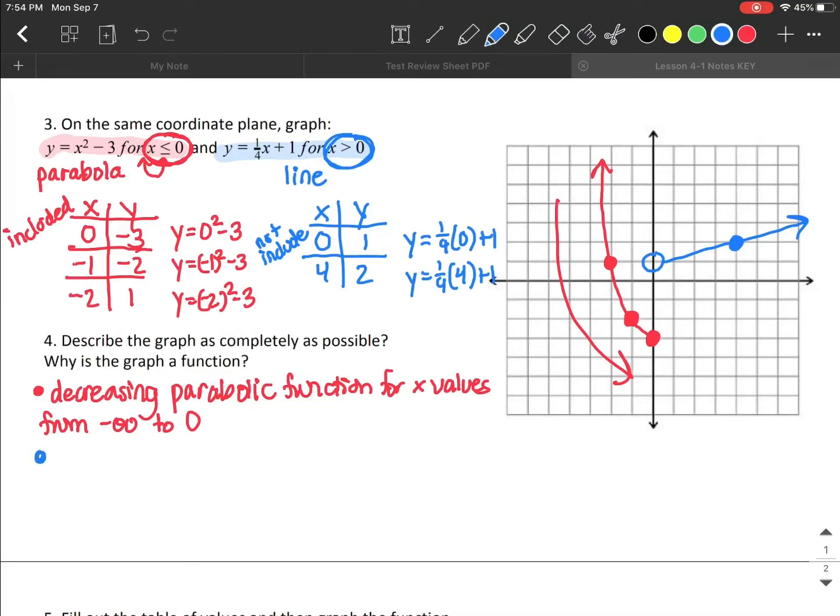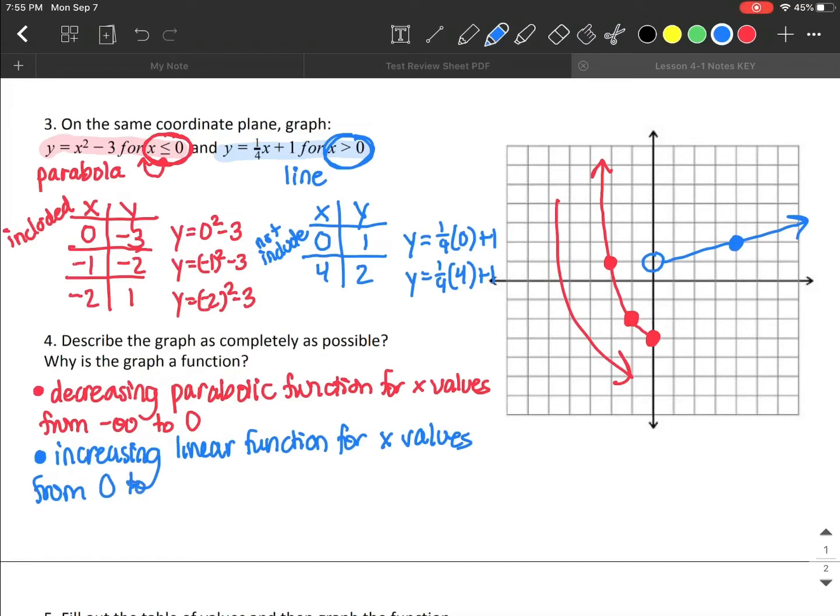Then the second piece tells me that this piecewise function is increasing as I read left to right. It's an increasing linear function because it's a piece of a line for x values from 0 to +infinity. The reason I know that this graph is a function is because I can't draw a vertical line that intersects in two different places.